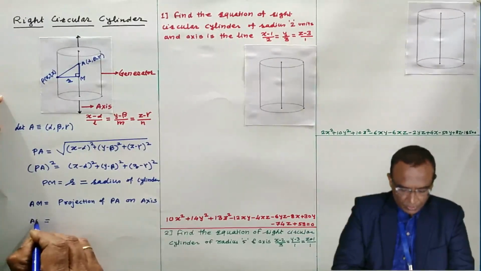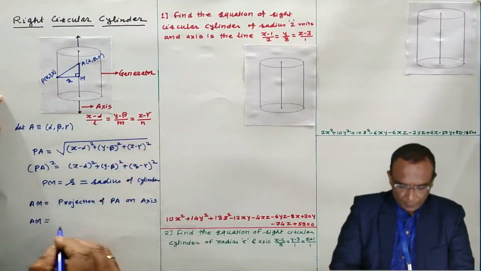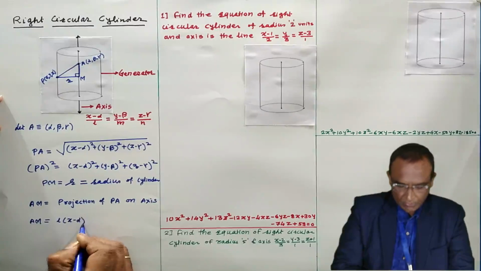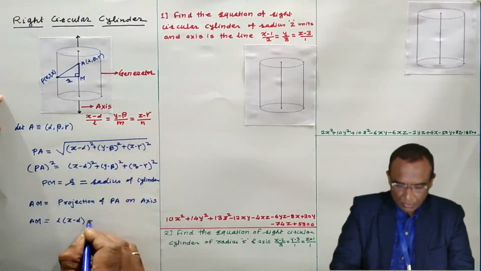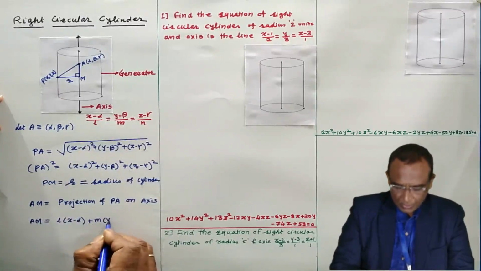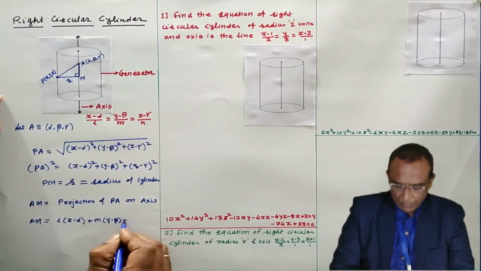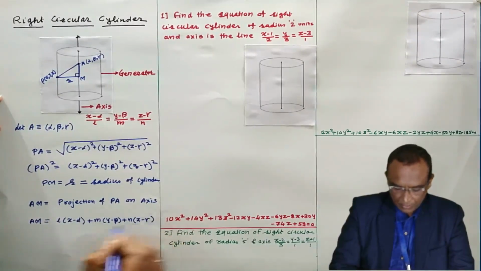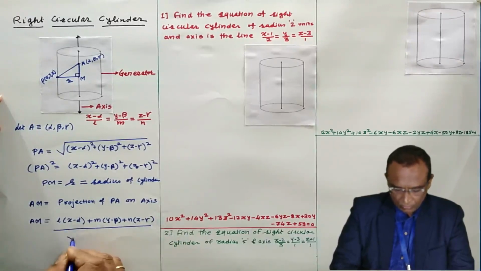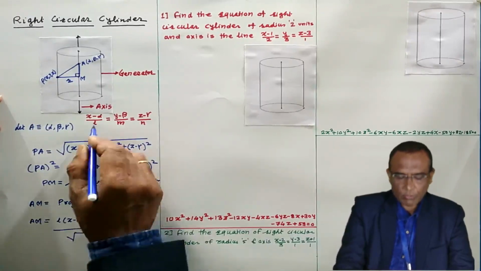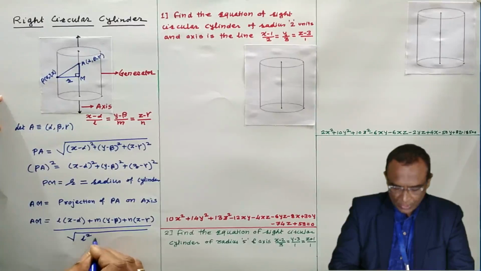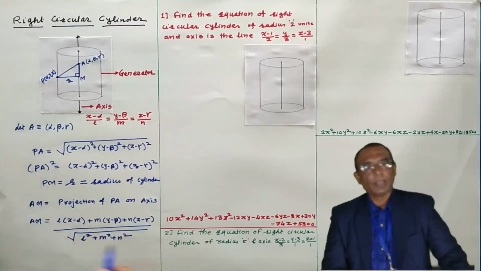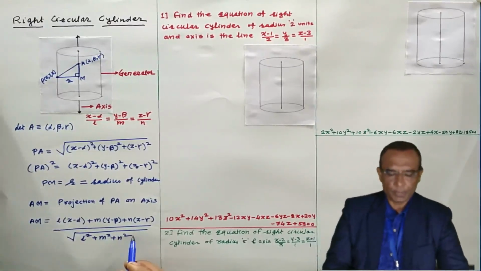AM equals l multiplied by (x minus alpha), plus m multiplied by (y minus beta), plus n multiplied by (z minus gamma), divided by the square root of the sum of the squares of the direction ratios of the axis, l square plus m square plus n square. In this way, we have obtained AM.